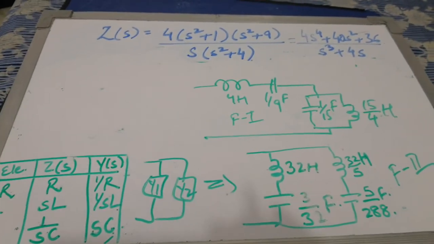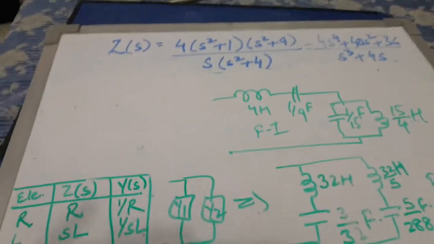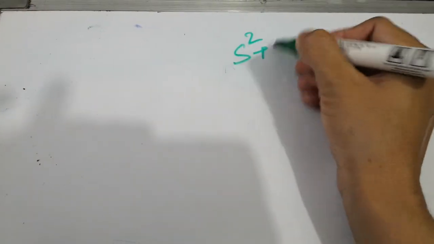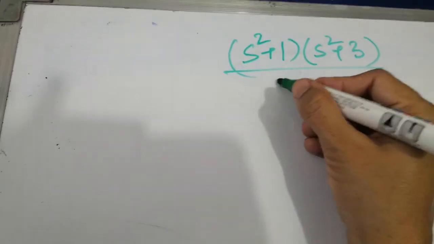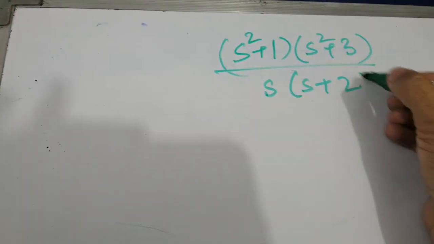So tomorrow we are going to go with your Cauer form, but before that I would be very happy if you are going to give me the Foster 1 and Foster 2 forms for the circuit for the impedance function s square plus 1 into s square plus 3 divided by s into s plus 2.